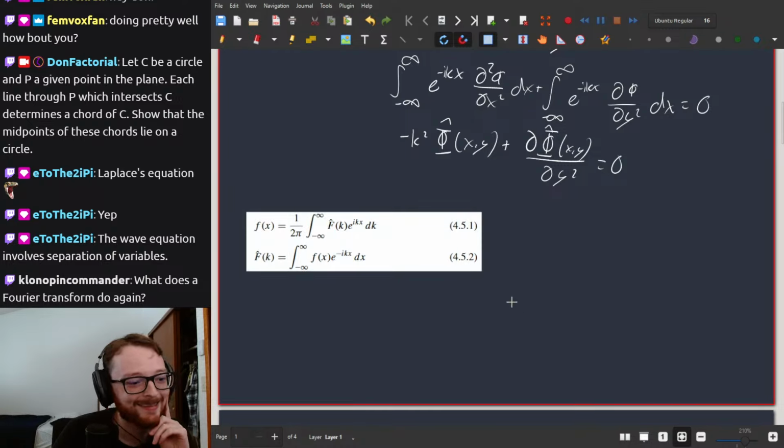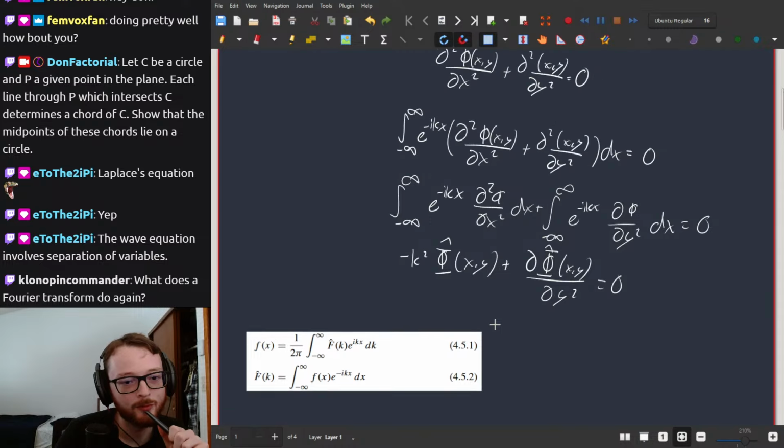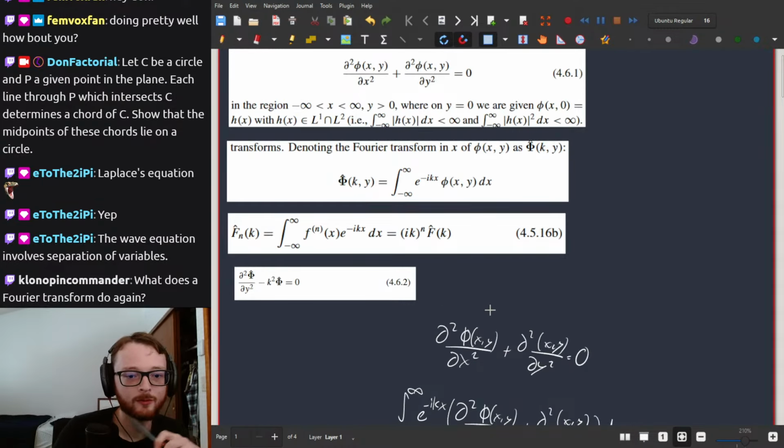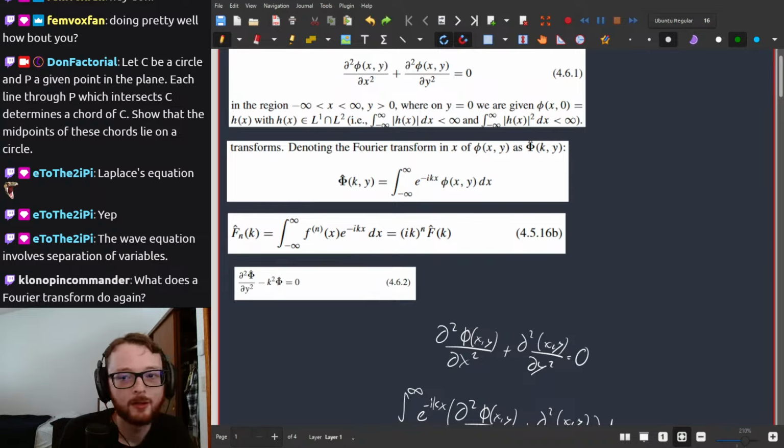A Fourier transform is just something you can do to a function that happens to have helpful properties, mainly that the Fourier transform of the derivative of a function is very simple, or at least relatively simple. I happen to have it grabbed right here. This is the equation for the nth derivative of a function.